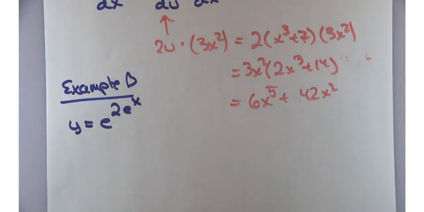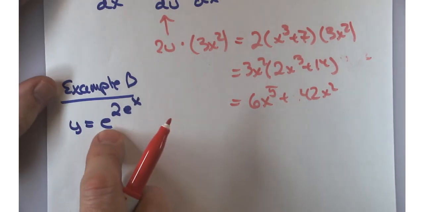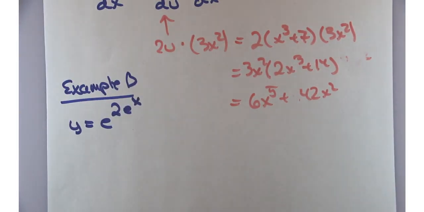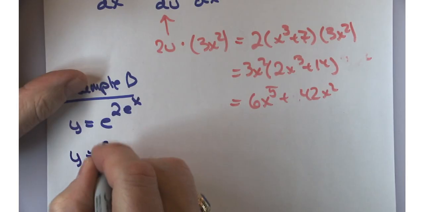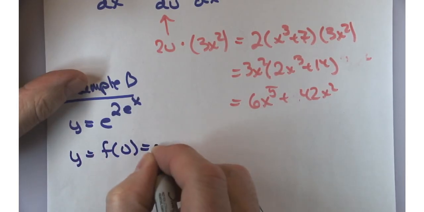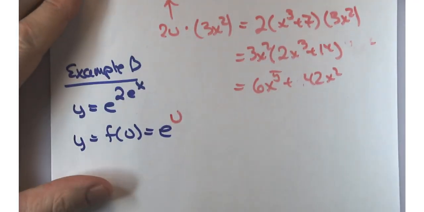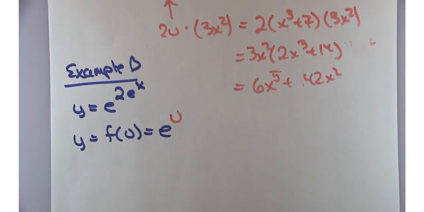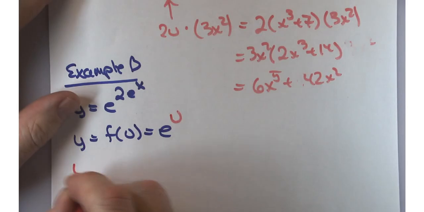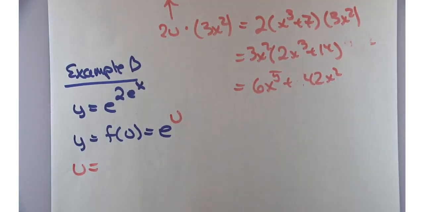This one's going to be a little on the trickier side. The outside function is e to some power. So y equals some function of u is going to be e to the u. And then the inside function is u is going to equal g of x.